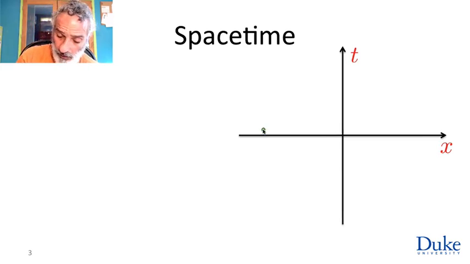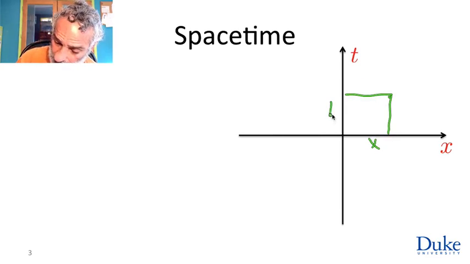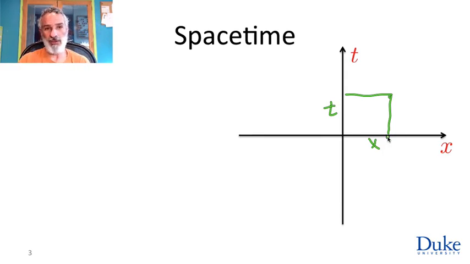I've picked some time, t equals 0. So the coordinates of a point, an event in this graph, is given by its x-coordinate and its t-coordinate. X gives you the distance from some particular point, which I've called x equals 0, at which this event occurred, and t gives you the time after some particular time that I decided to call t equals 0, when this event occurred.